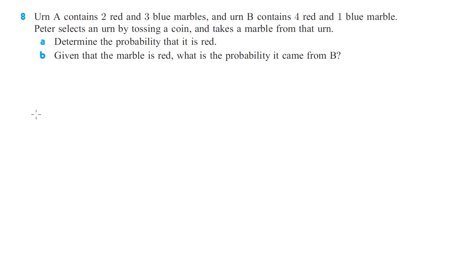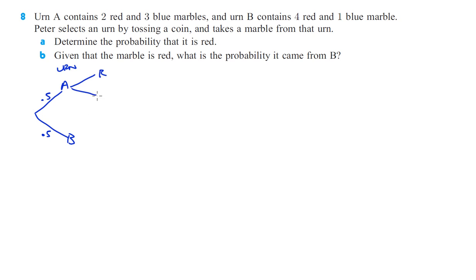So, let's do this. We've got urn A, or they could choose urn B, right? And it's a coin toss, so it's 0.5 to get A, a 0.5 to get B.